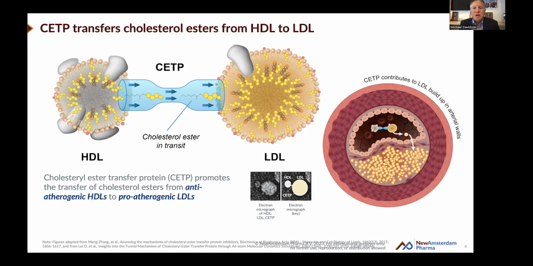Now we know that this balance of HDL and LDL is largely driven by CETP. For example, animals that lack CETP, like the rat or the dog, have very low LDL, very high HDL, and they're resistant to atherosclerosis unless you transgenically give a mouse, for example, CETP.